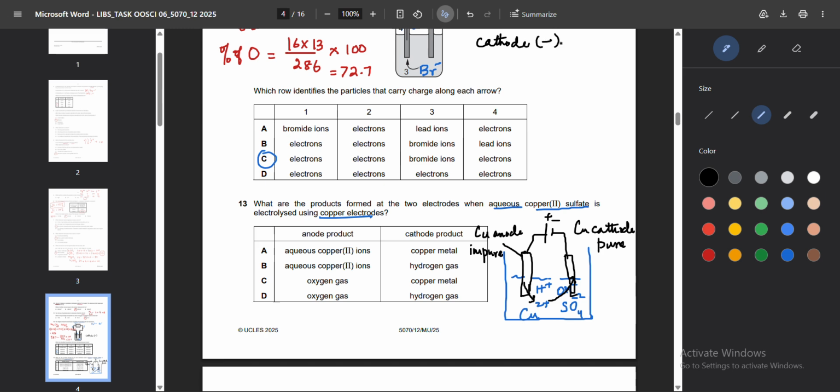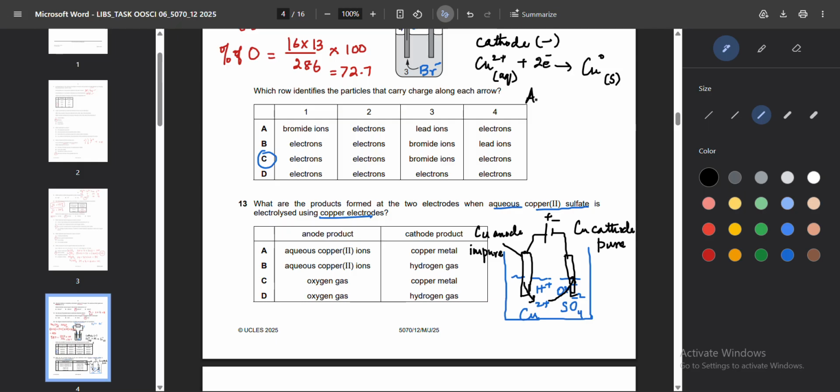Cathode has a negative charge, and the copper ions present in the solution dissolved in water, when they come at the cathode, they pick up electrons and they get discharged as copper metal or copper solid.